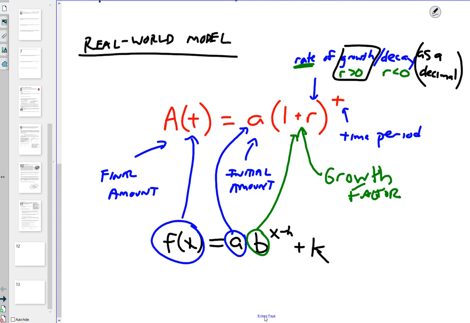what does rate mean? What does rate sound like? Rate, what other word does rate sound like? Seriously? Huh? Oh.